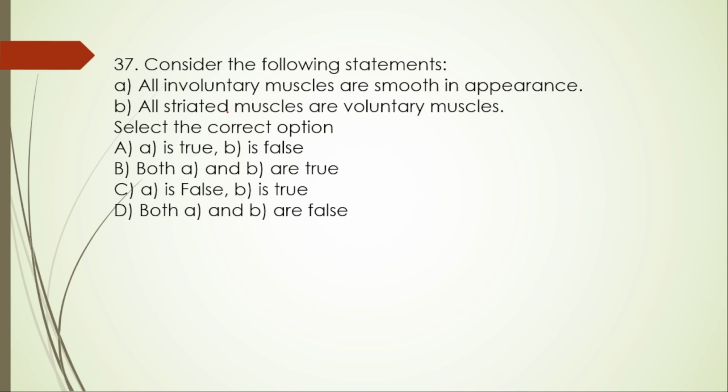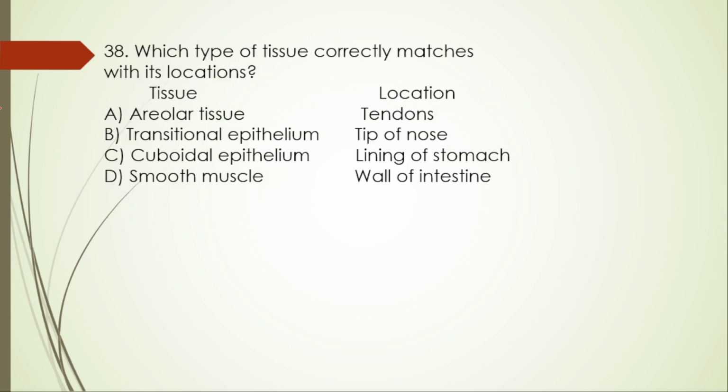Just now we discussed heart muscles, that is cardiac muscles, but it is a striated muscle, not a smooth one. So this one is wrong. B: all striated muscles are voluntary muscles. This one is also false, because cardiac muscle is made up of striated muscles, but they are not voluntary. So here both A and B are false. So the right option is option D.